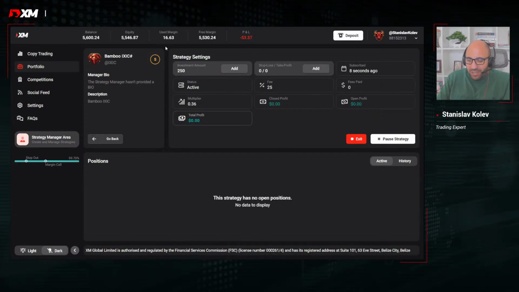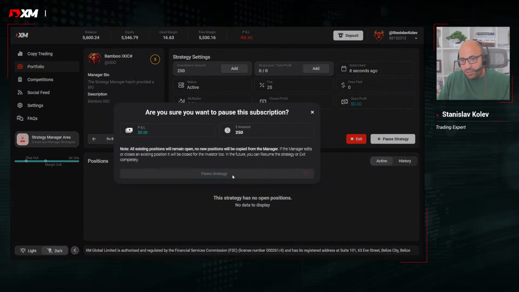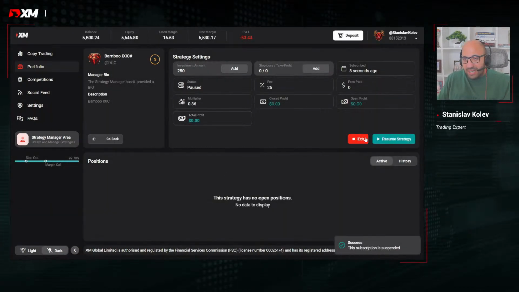Of course, when you're present with people, you want to be absolutely mindful with their presence. So when you're going on vacation, you just click on pause strategy. You click on pause, you see it like this, and as soon as you get back from your vacation, you could resume strategy and click on resume.